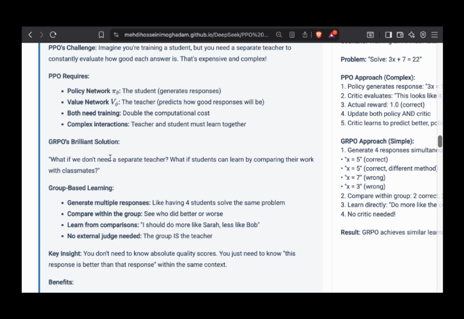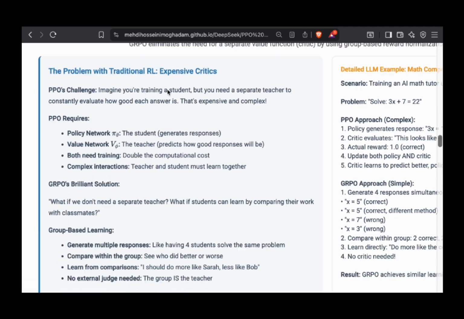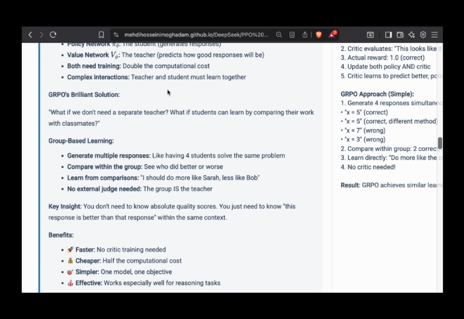Okay, now what GRPO does. With the same analogy, imagine what if we don't need a separate teacher. How are we going to train the student? Imagine students can learn by comparing their work with their classmates. This is technically the whole analogy and the whole idea of what's happening.